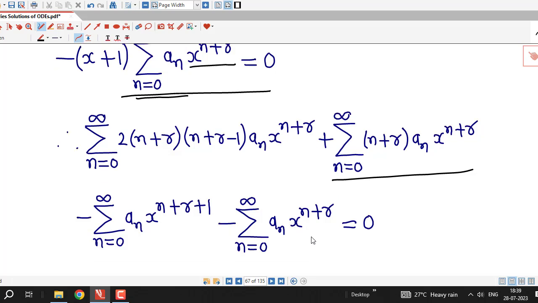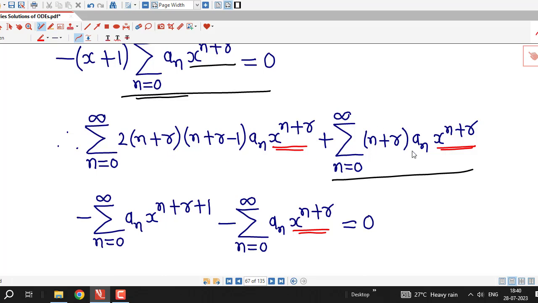Now in the next step we have to take care that we have x raised to n plus r in every summation. We will try to convert every summation into the form something into x raised to n plus r, and if we do not have x raised to n plus r, we will change the index, so that we can compare the coefficients of like powers of x.